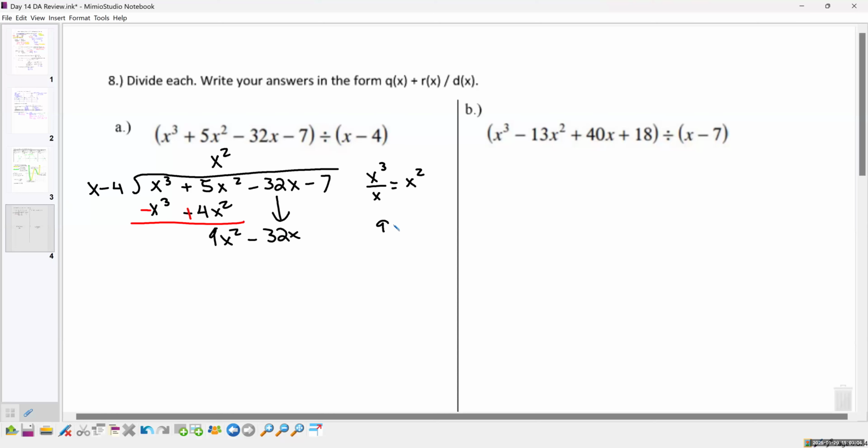I'm going to have a division thought. I'm going to multiply back. I'm going to subtract and bring down. Well, that's going to be 4x, drop my 7. Have the division thought.